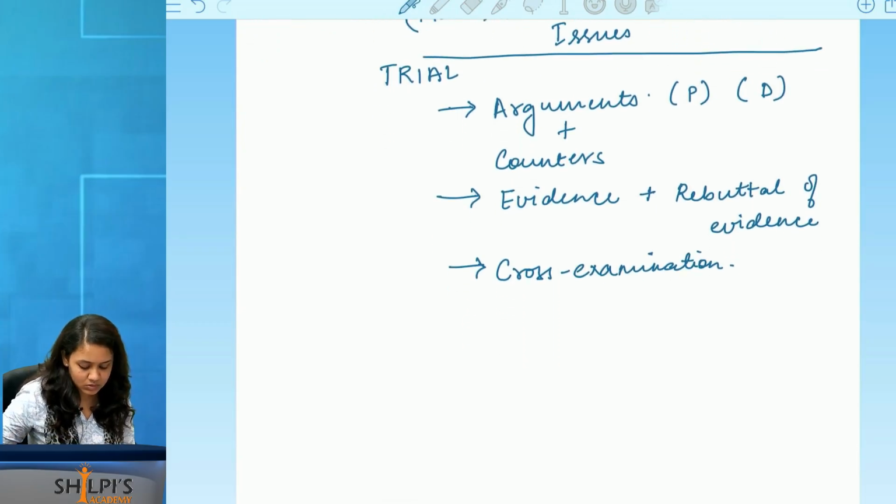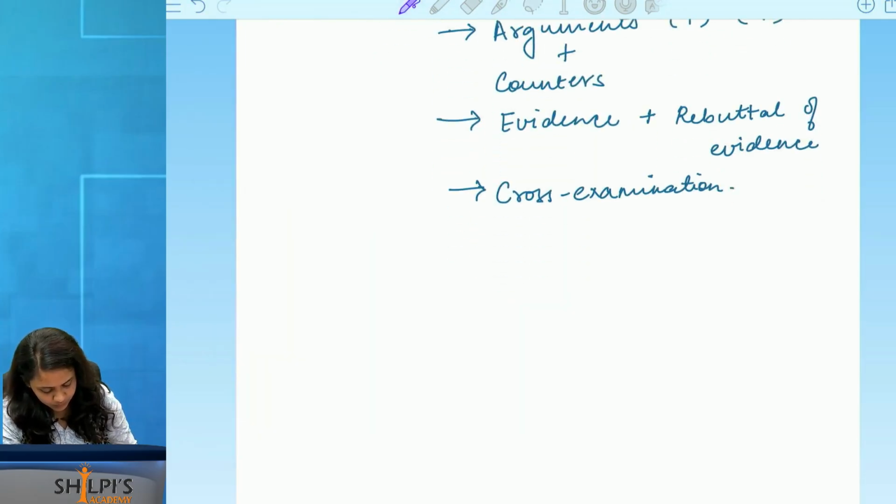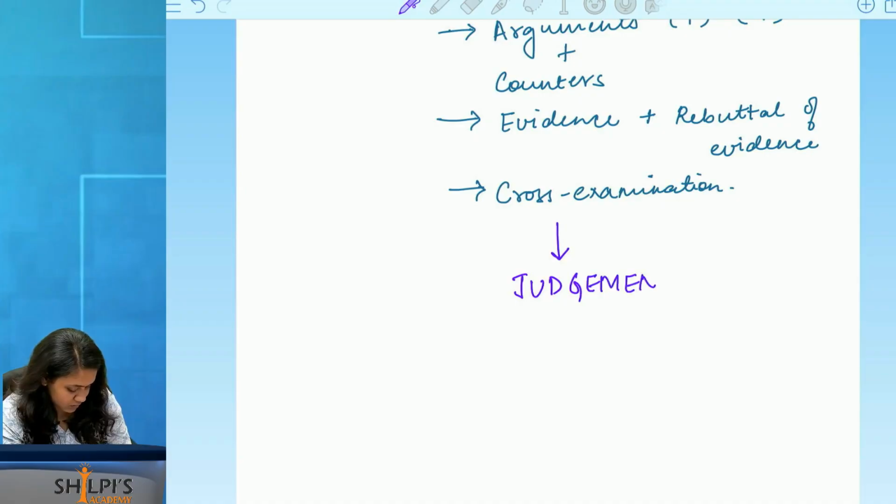And once all of these are done, both plaintiff and defendant have given their end of the story, finally it comes down again to the court of law to pass what? A judgment.